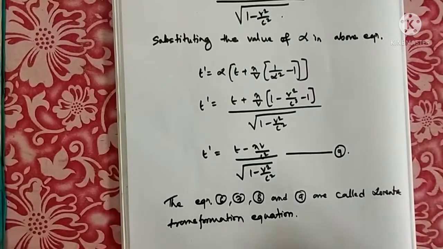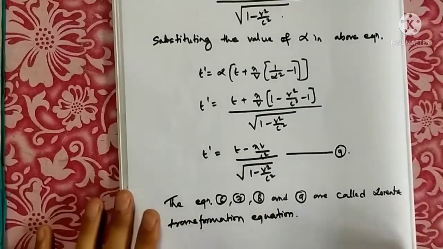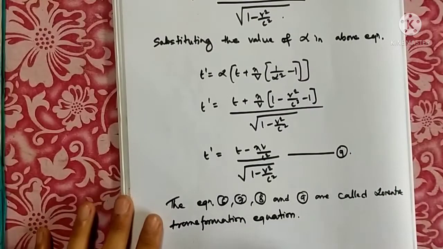Now, as a result of the special theory of relativity, two important concepts were discovered: length contraction and time dilation. First, we will discuss time dilation.